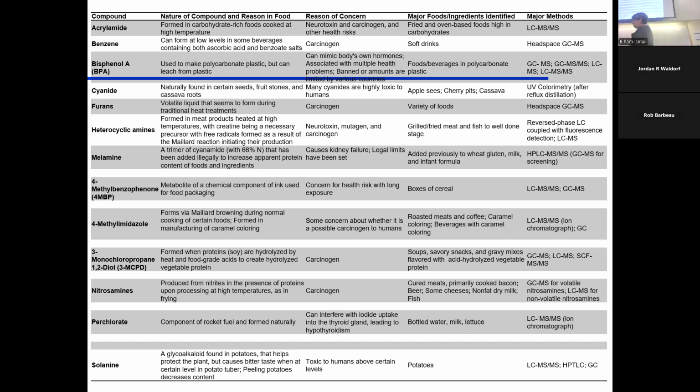So this is similar to the question that we reviewed in lab earlier. You want to know an example of a food, how it ended up in this food, why it is of concern, and what the method of analysis is.